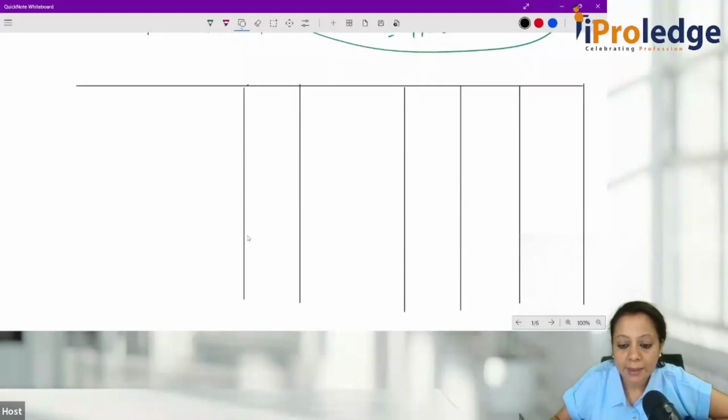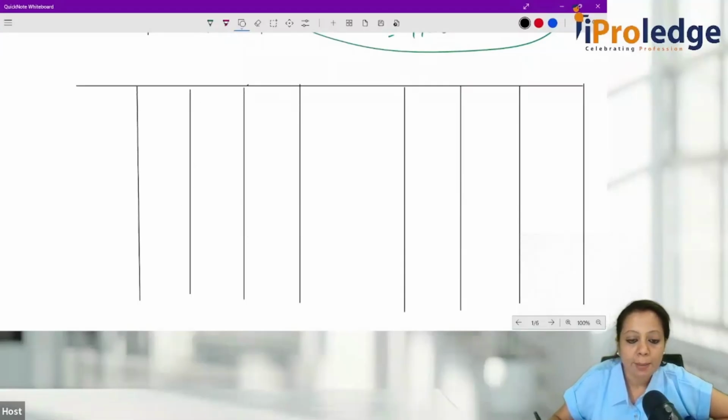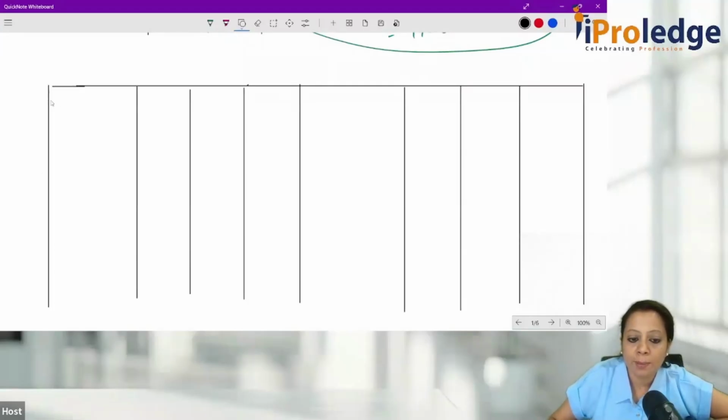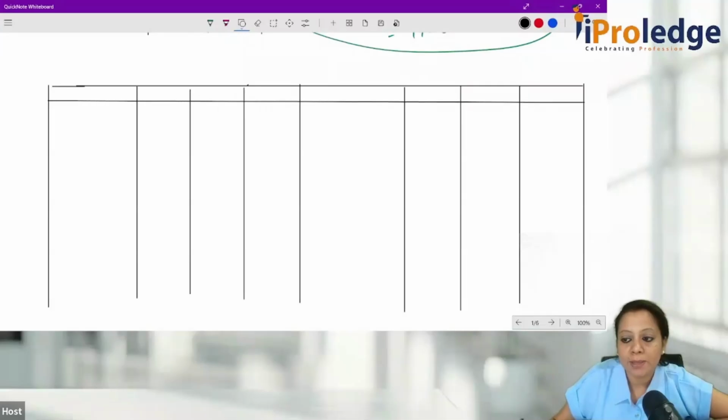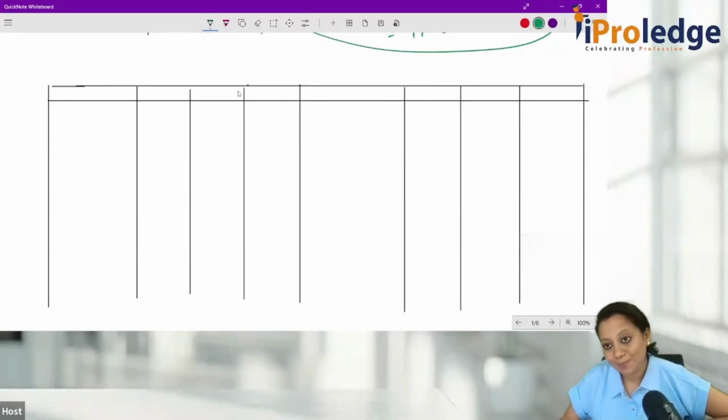Although it can be lengthy, there may be a conceptual question in MCQ. There may be a 7-mark question where they are testing you only on one process, but inter-process profit is there. So we don't know. So that is why we are doing this.